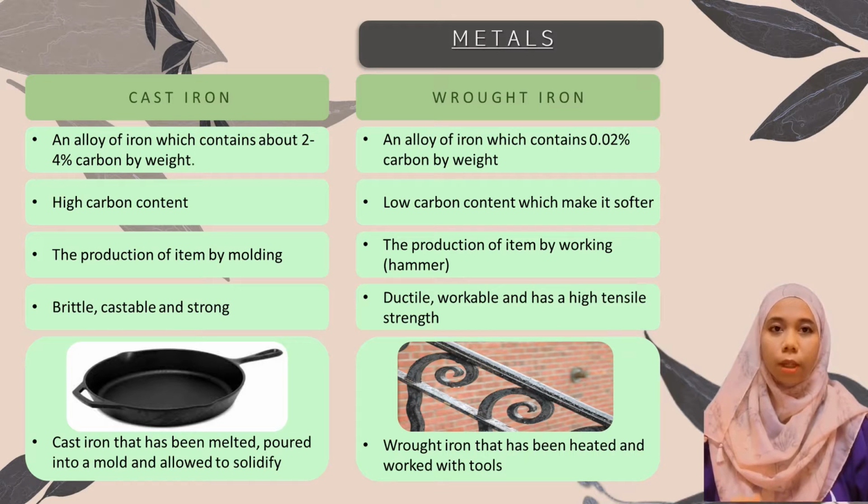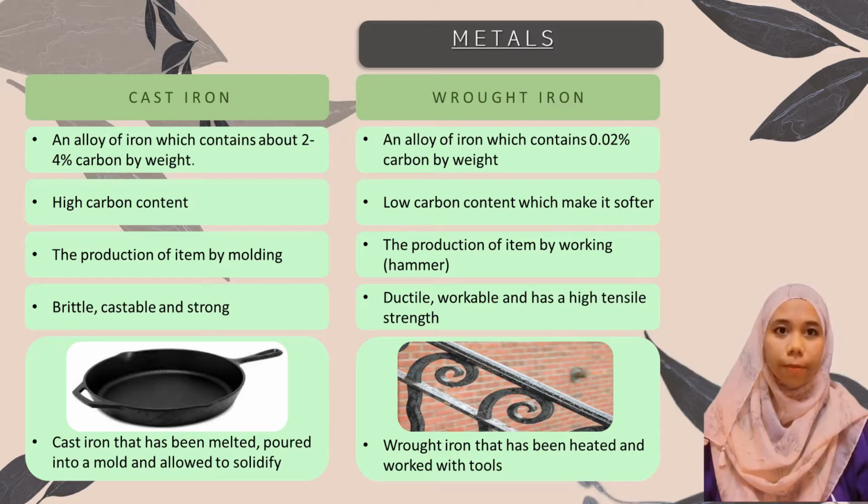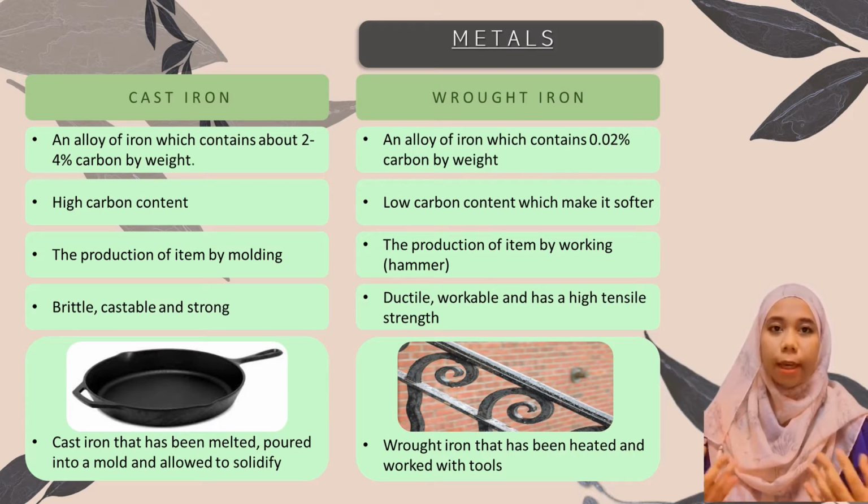So here we have two types of iron, which are cast iron and wrought iron. Cast iron is an alloy of iron which contains about 2 to 4% of carbon by weight. Thus, it has high carbon content. The production of cast iron items is by molding.